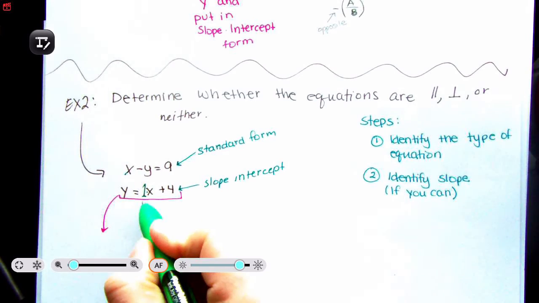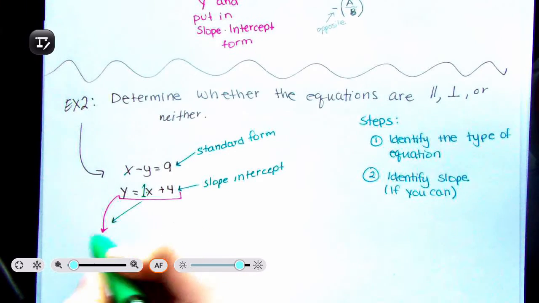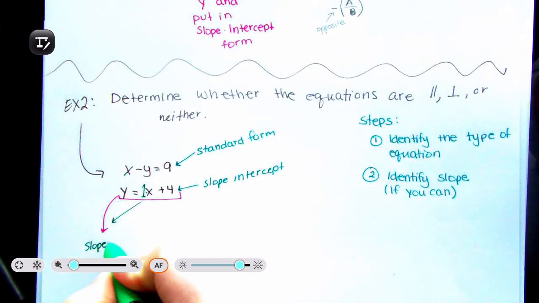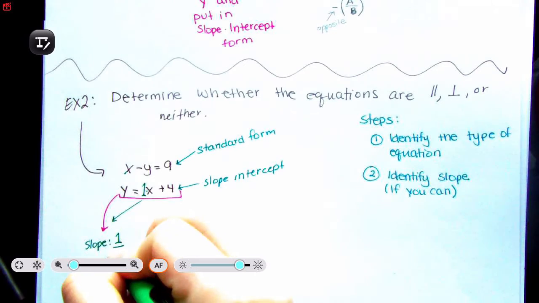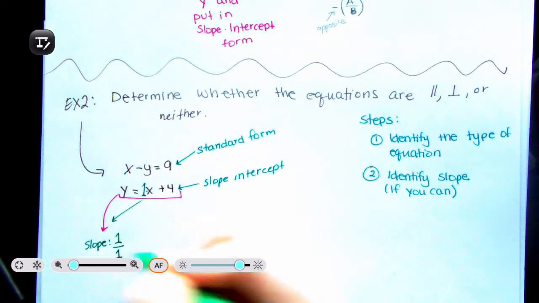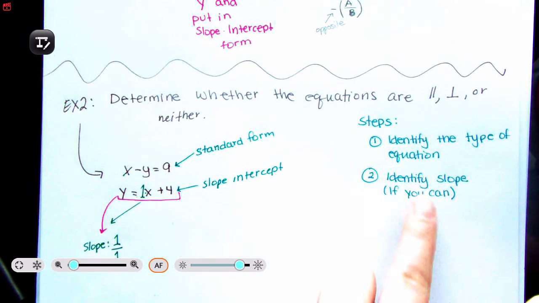So what number is in front of x? That is 1. So I have a slope of 1. If you want, you can put 1 over 1 to make it into a fraction. It's up to you. So identify slope if you can.